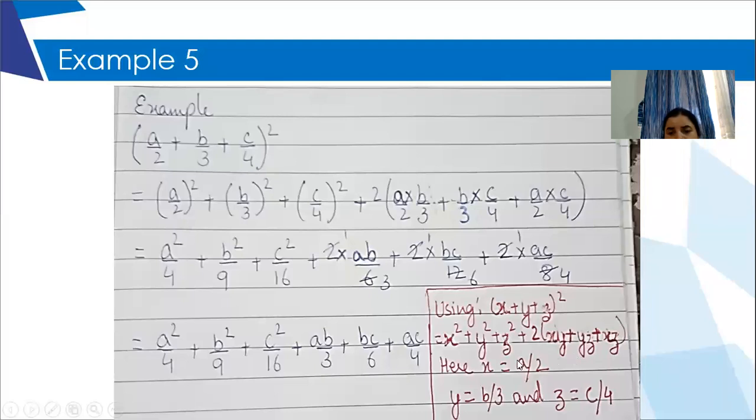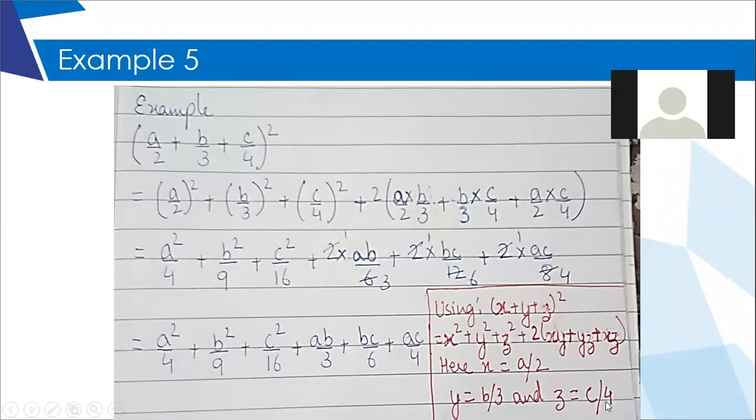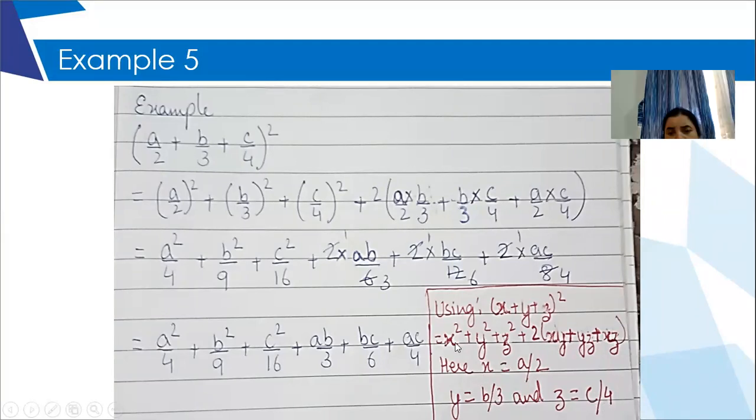Now next thing, I have to relate this identity with my question. So here my x is actually a by 2, y is b by 3, and z is c by 4. And now wherever x, y, and z are there, I'm going to put a by 2, b by 3, and c by 4 and write the spread of it. So (a by 2) whole square plus (b by 3) whole square plus (c by 4) whole square plus 2, and within bracket it is x into y.